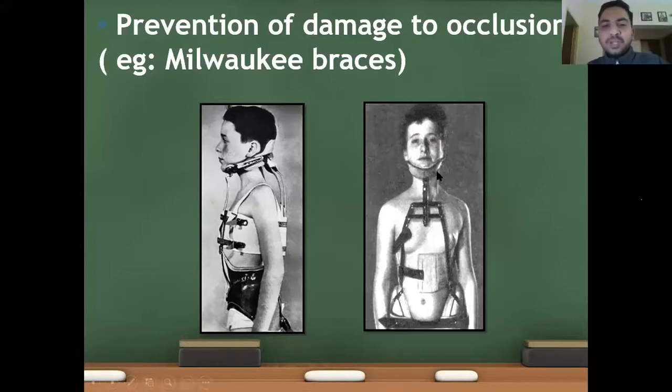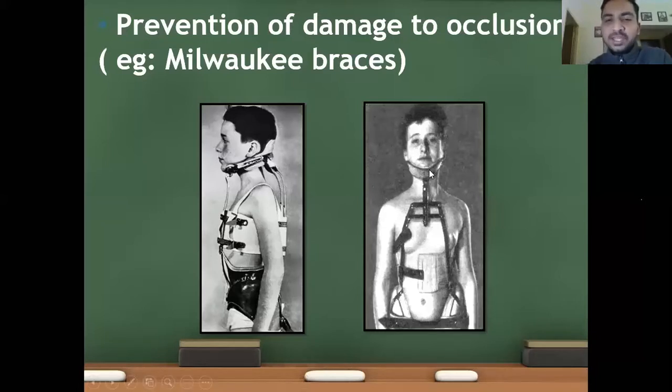And the problem with the Milwaukee brace is it takes support from the chin. So as it is taking support from the chin, what happens is there is reduction, or I would say retardation, in the growth of the chin or the mandible.